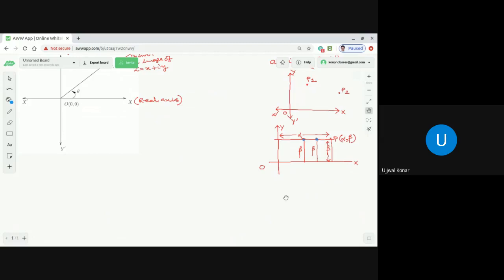So we have the same point P, but here we are saying that there is a fixed point O. How far is it from that fixed point? We are saying that point P is at a distance of R from the fixed point O.